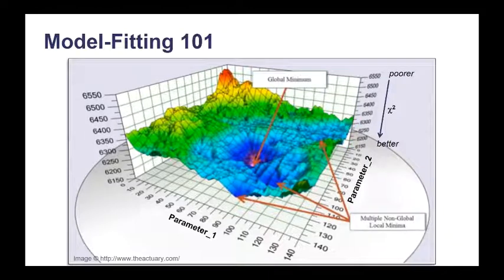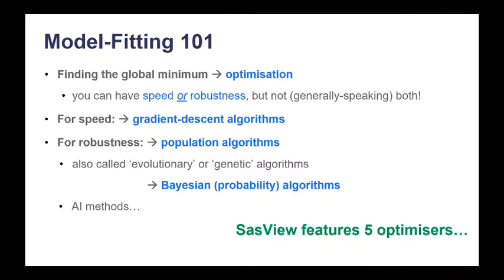Now, different optimizers, fitting engines as they're sometimes called, are more or less susceptible to this. In general, you can have a fast optimizer, meaning it will find a minima quickly, or you can have a robust optimizer, meaning it is more likely to find the global minima.